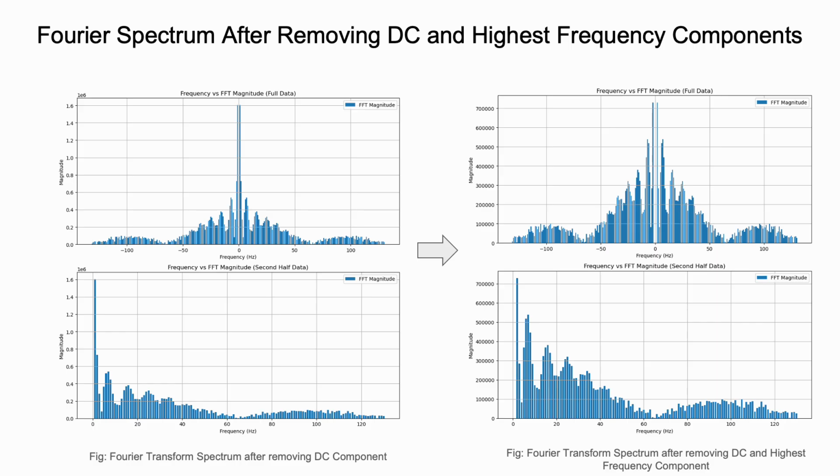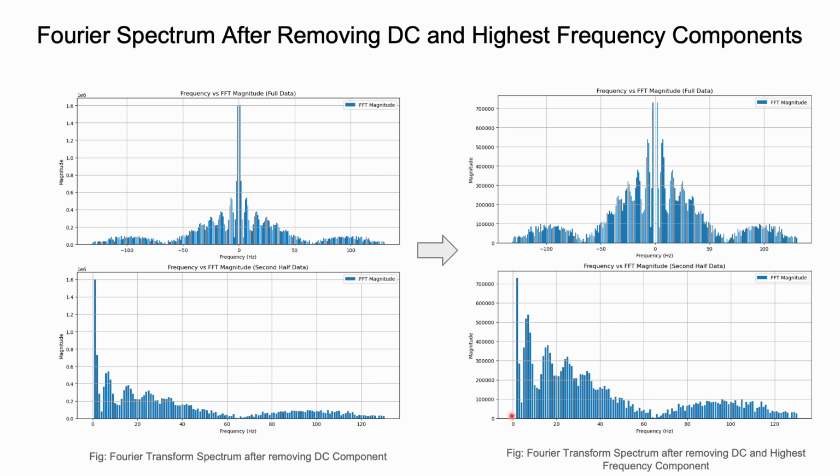To verify if the previous code worked, we are showing the Fourier transform spectrum after removing the DC component versus the Fourier transform spectrum after removing the DC and highest frequency component. On the left, the range of the magnitude is more than the magnitude on the right.